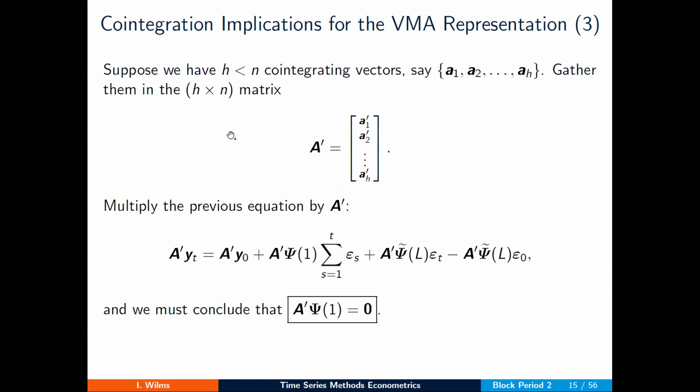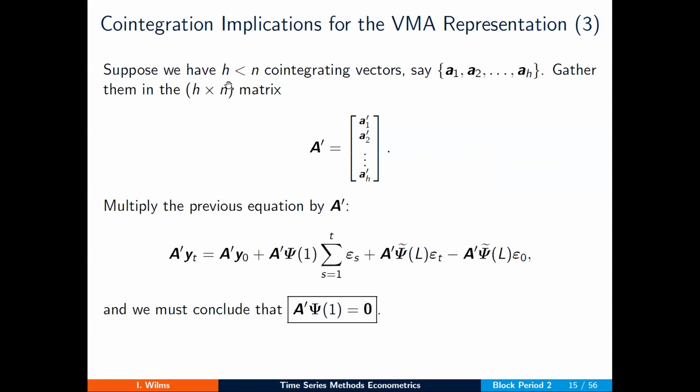Now, let us suppose that we have h co-integrating vectors, where h is smaller than n, the number of original series we have. The reason why we can maximally have n-1 co-integration relations will become clear later on in the videos.